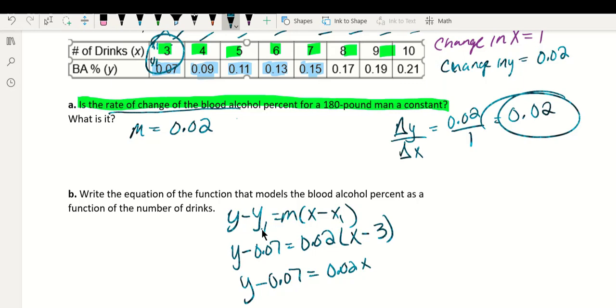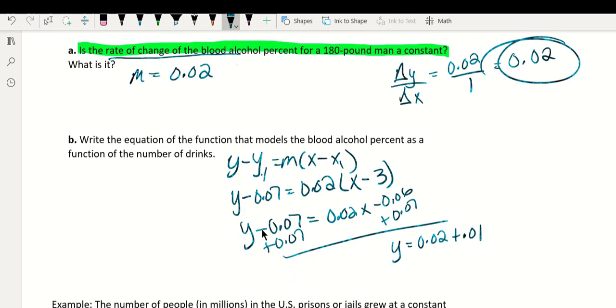So that'd be minus 0.06. Add 0.07 to both sides, and we end up with y equals 0.02x plus 0.01.